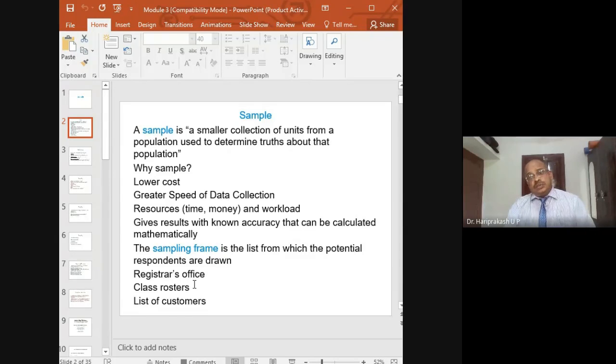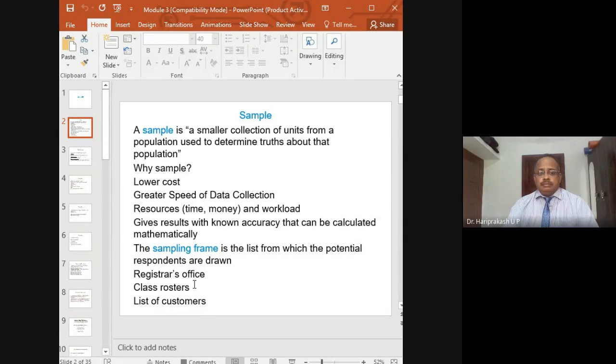So the accuracy of the findings from the sample is equally good. So it is not that if you are collecting data and analyzing in a sample, the findings will not be accurate. It is equally accurate, and you can generalize the findings of the sample study to the whole population, right? So that's why you have to go with the sample.